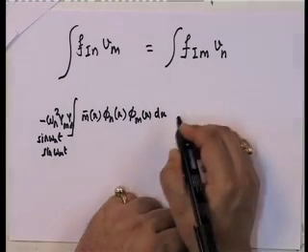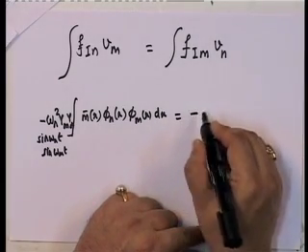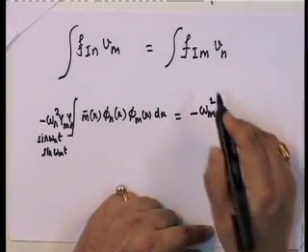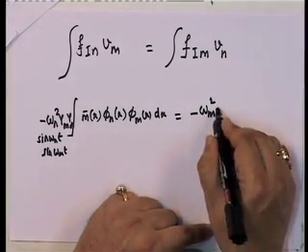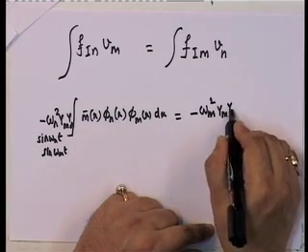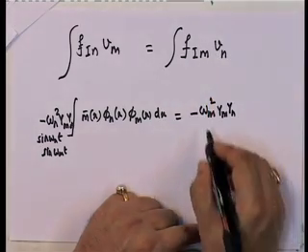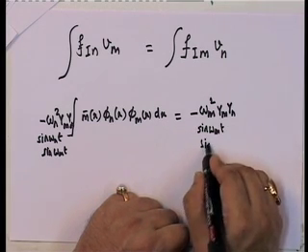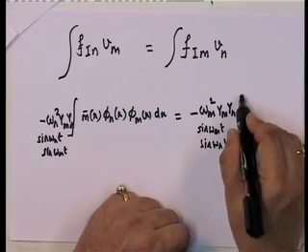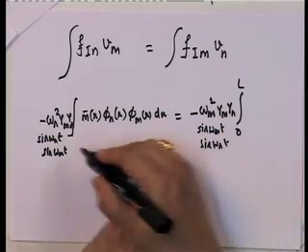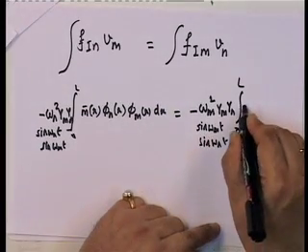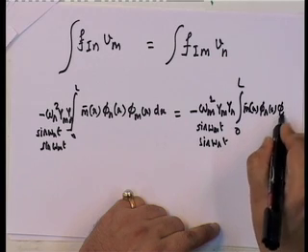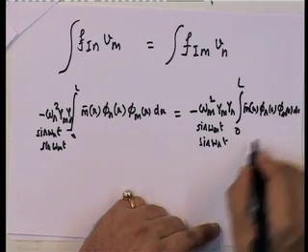And then the other one is equal to minus, and here we get omega m squared, because this is the inertia, omega m squared, and we get ym yn, m coming from here, n coming from here, sine omega mt sine omega nt, integral from 0 to L m bar x phi nx phi mx dx.